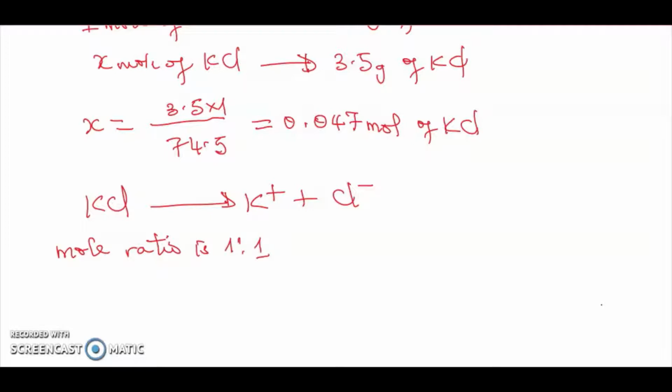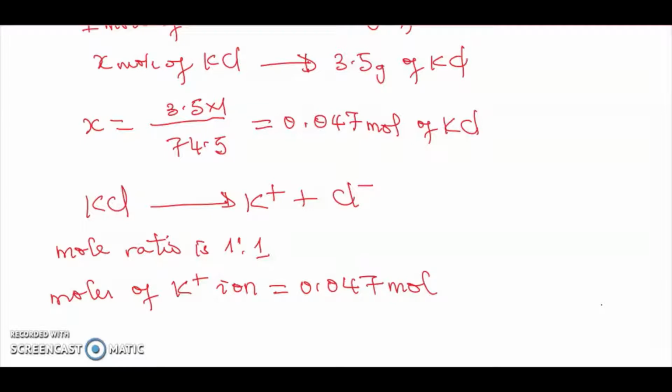So the number of moles of potassium chloride is the same as the number of moles of the potassium ion. So moles of K+ ion is equal to 0.047 mole.